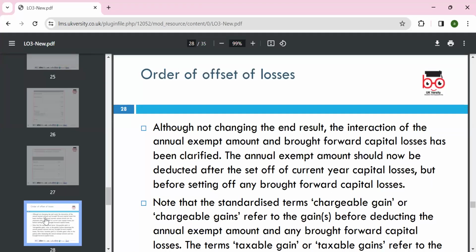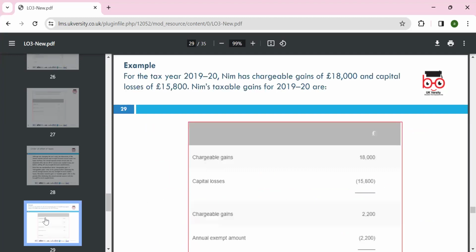In order to offset the losses, although they don't change the end result, the annual exempt amount is brought forward and carried forward. The annual exempt amount should now be deducted after offsetting current year capital losses, but before setting any brought forward losses, because those can be carried forward indefinitely, and capital gains tax will need to be calculated accordingly.